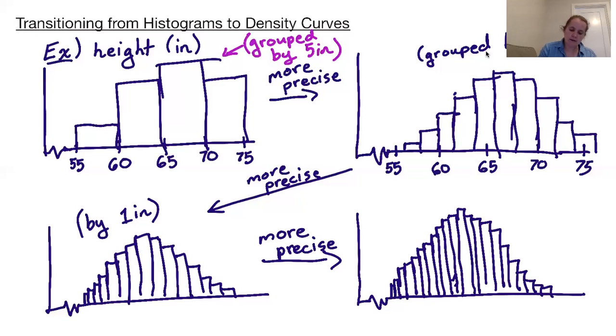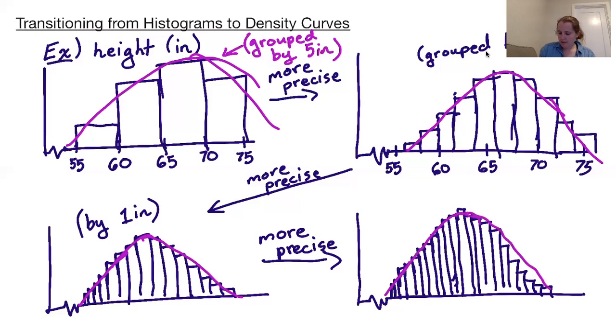So if we look behind all of these, if we sort of outline the general shape, these all are taking essentially the same shape. And notice that in this last histogram, the boxy shape of the histogram almost precisely fits the curve behind it.